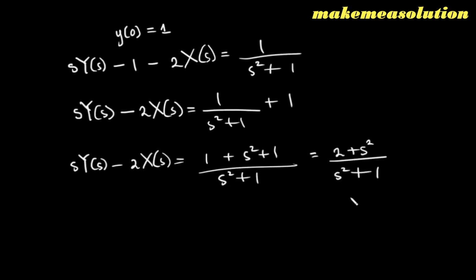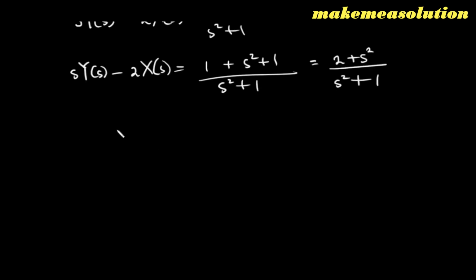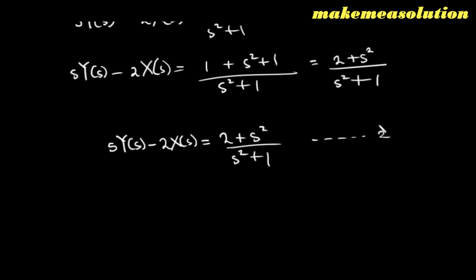Is that okay? So if you put it all together, you have s Y of s minus 2X of s is equal to 2 plus s squared all over s squared plus 1. So I can call this equation 2.